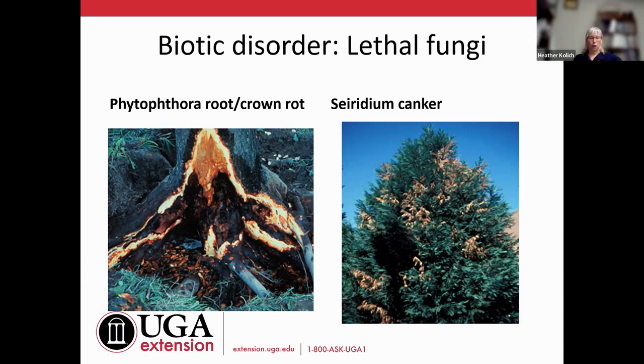There are a couple of other fungal issues with Leland cypress, but in a tree that large, it's not practical. You really can't get out there and treat a tree that large with fungicide every 7 to 21 days. So there's a suite of fungus issues that will eventually kill the Leland cypress.